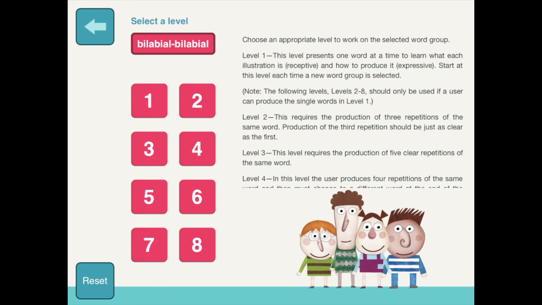Okay, so once you understand how the word groups are set up, then within each word group, there are 8 different levels that you can move through. And these are levels of difficulty, and it's the same as in the speech therapy for Apraxia app, the syllable-based app.